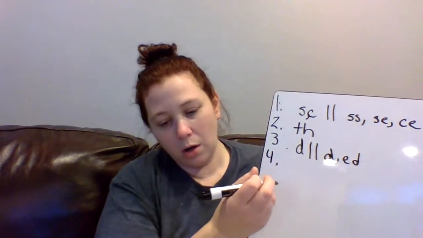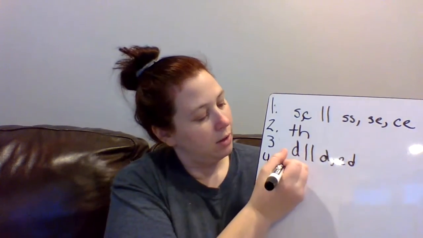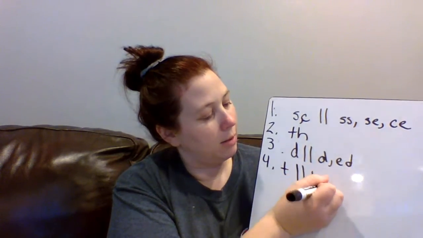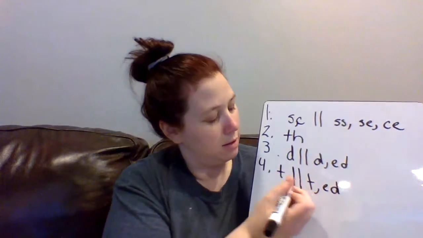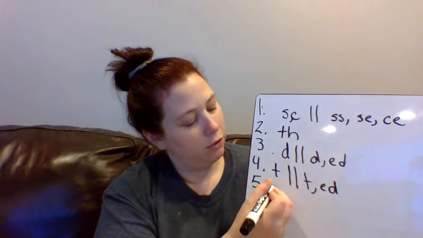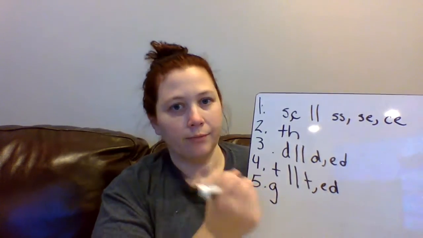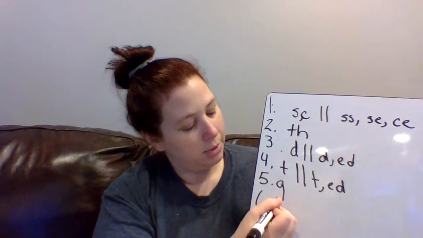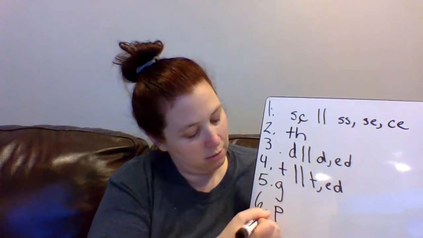Number 4, we have T. So that's T, or as a final sound, T, comma ED. Number 5, we have G. That's just G. Number 6, we have P. Write it down.